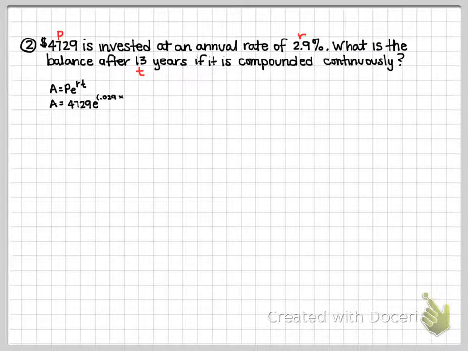And then times, T is going to be my time in years, which is 13. At this point, for this whole problem, all you need to do now is grab your calculator and type it in. So when I typed this in, my calculator gave me 6894.4294.